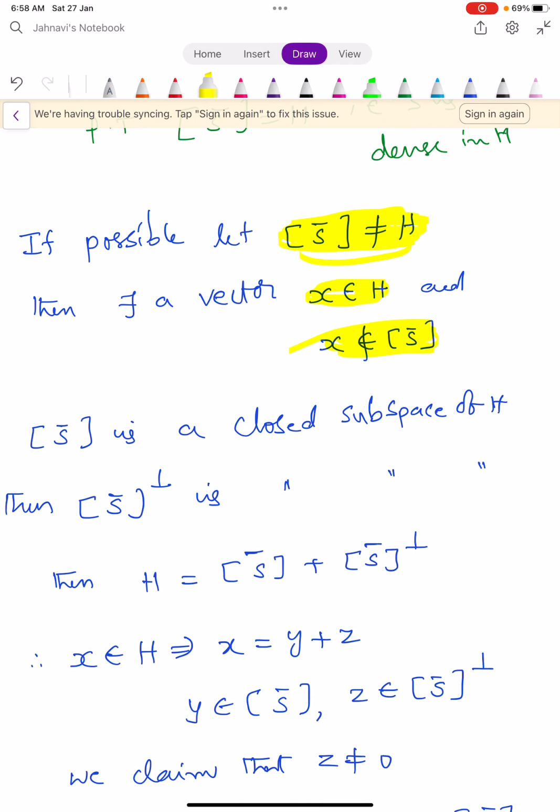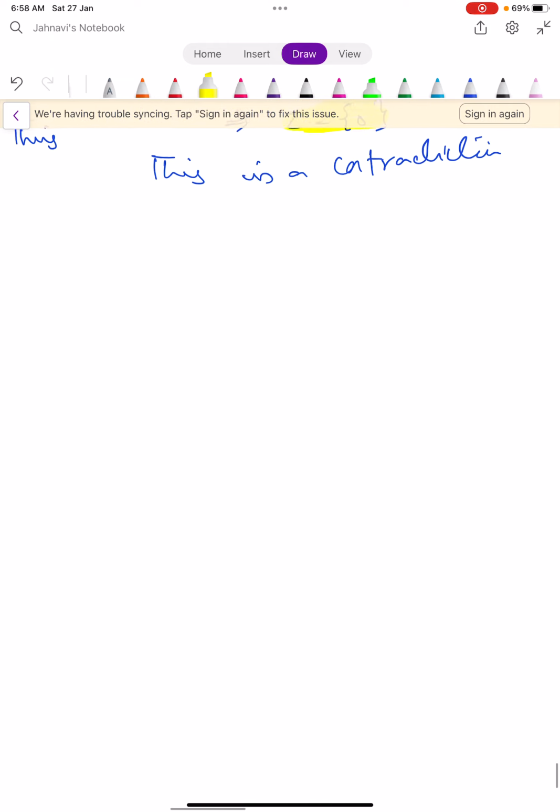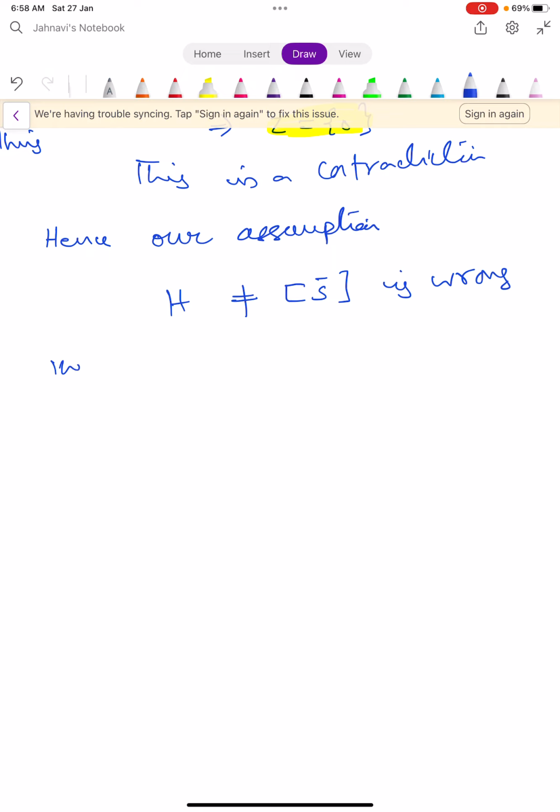Box S bar not equal to H. Hence, our assumption that H not equal to box S bar is wrong. If it is wrong, then what is right?